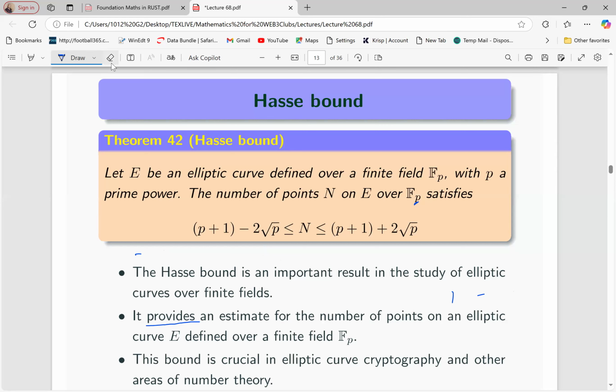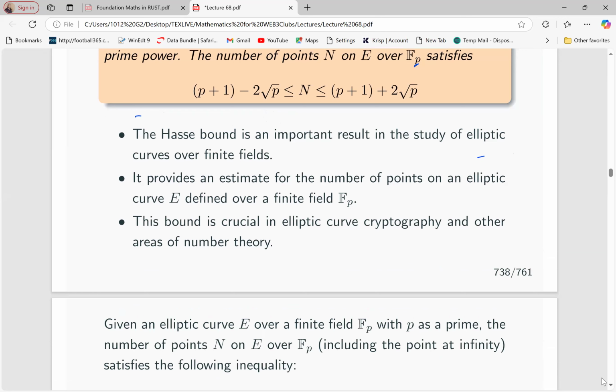It just gives us an estimate. It doesn't tell us exactly how many points there are. Of course, we did a code that was giving us the exact number of points. But if you don't have that code, you can estimate the number of points you expect. But as I said, if P is 7, you're not expecting these points to be very far from 7. Just close to 7.